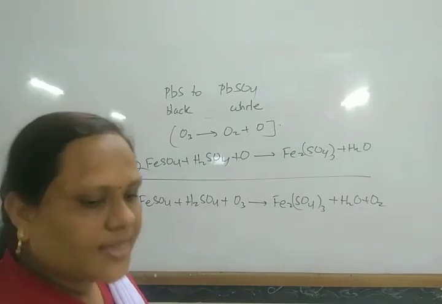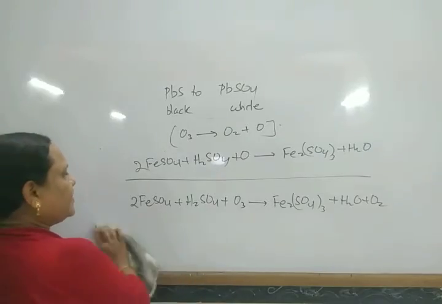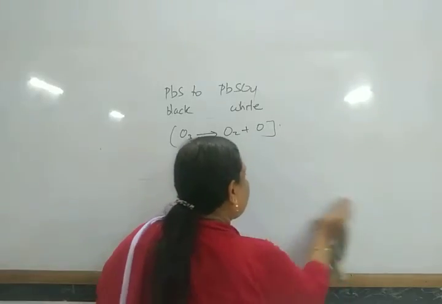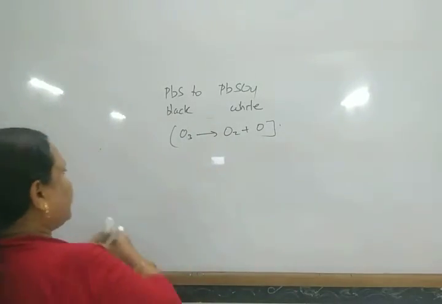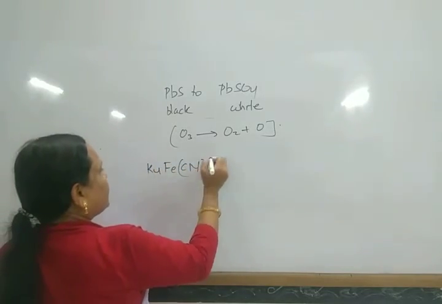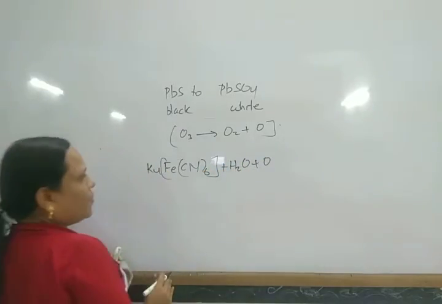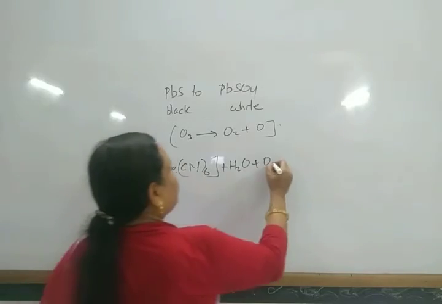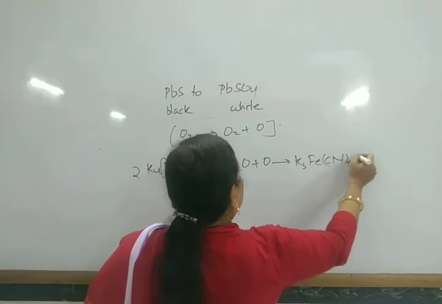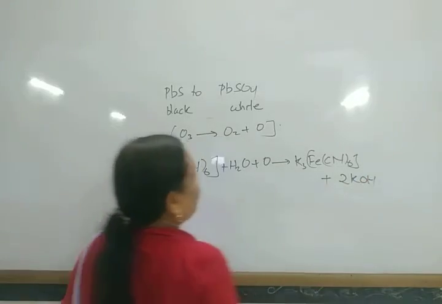It also oxidizes potassium ferrocyanide to potassium ferricyanide. K4Fe(CN)6 plus H2O plus O give rise to K3Fe(CN)6 plus 2KOH.